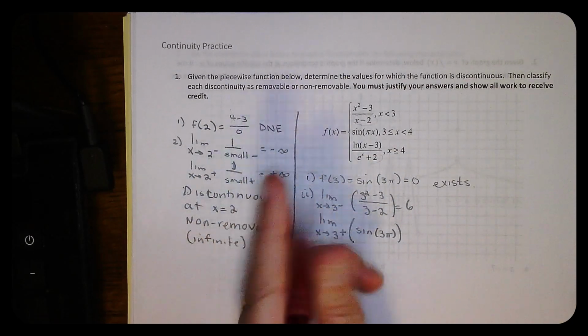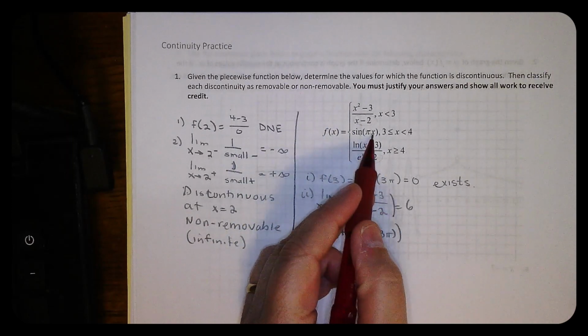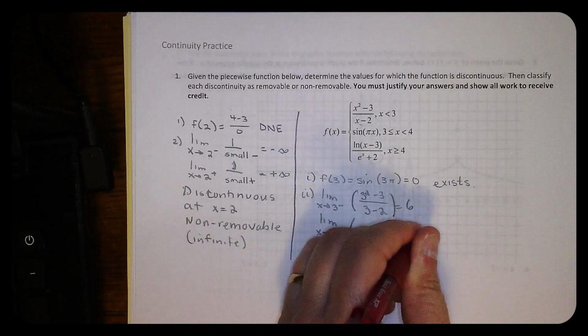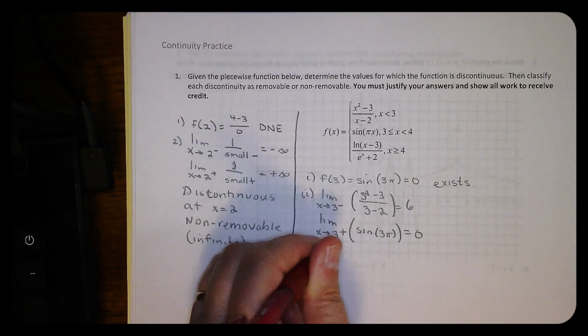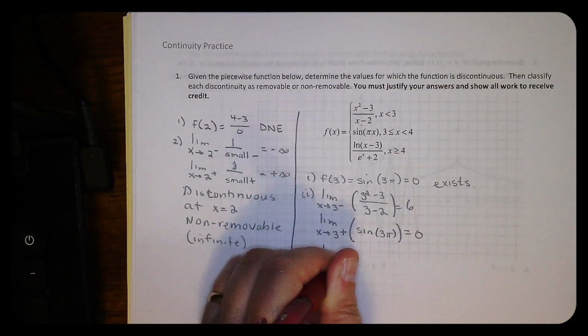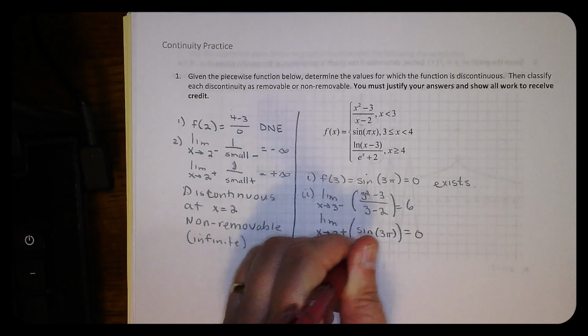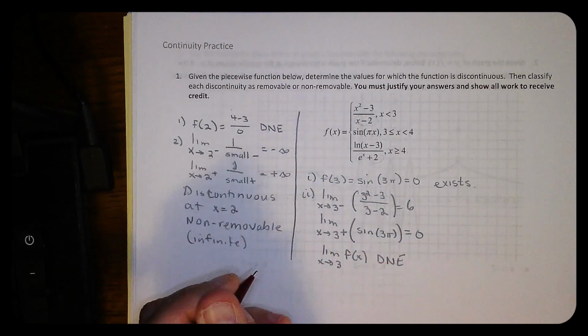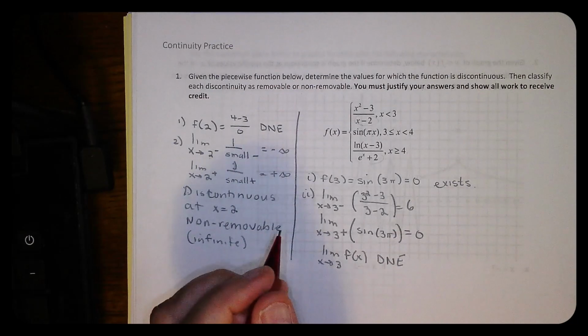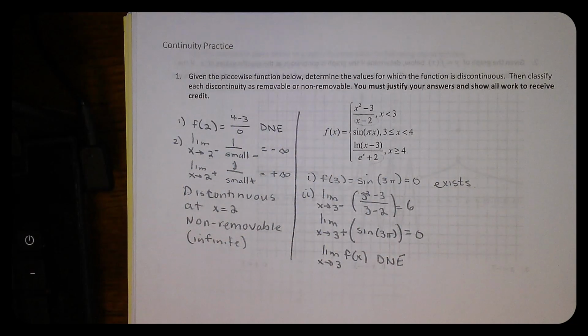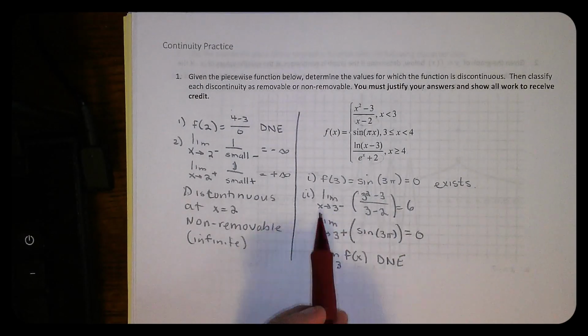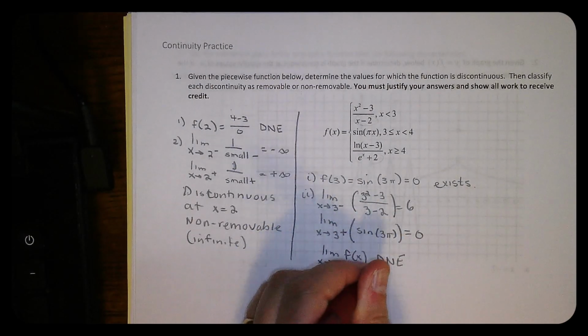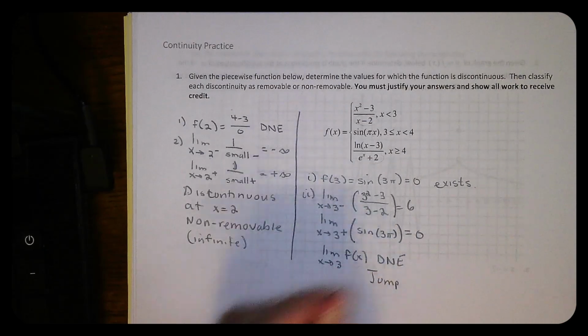If I put pi in there for x, then that's 0. So the limit as x approaches 3 of f of x does not exist, and so that's discontinuous there. So what type of discontinuity is it? Well, if you're heading towards 6 from the left and 0 from the right, that's going to be a jump discontinuity.